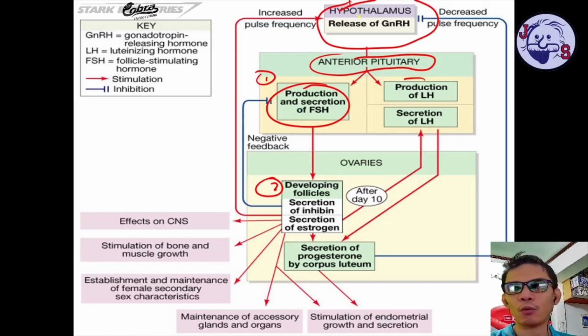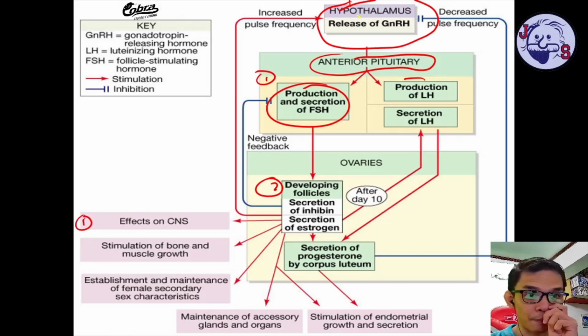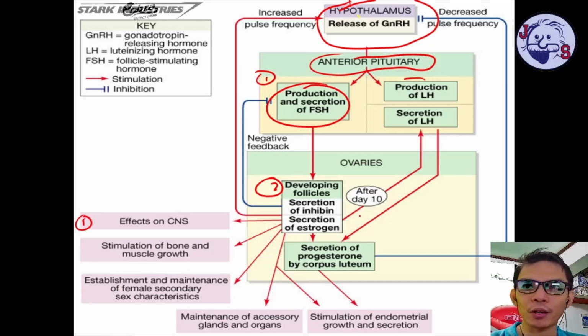Once the developing follicles are activated, they will now secrete estrogen. Once the estrogen is secreted, it has a profound effect on the following things. Number one, effects on the central nervous system, just like testosterone.